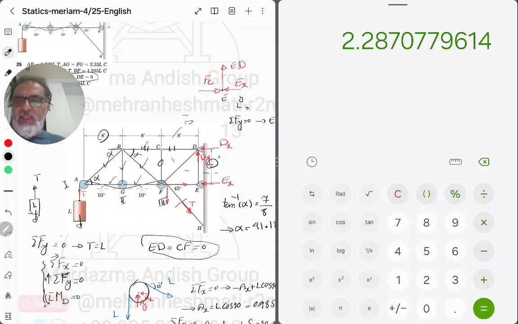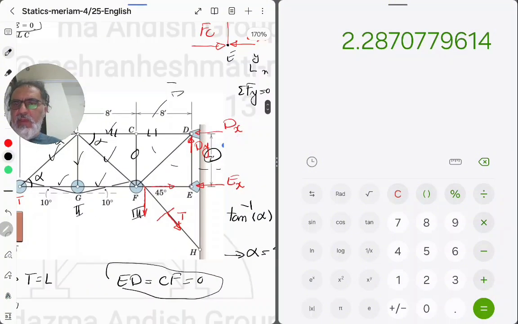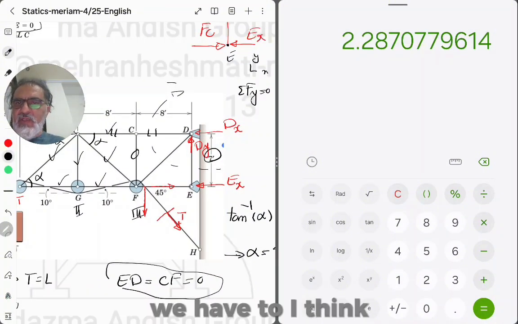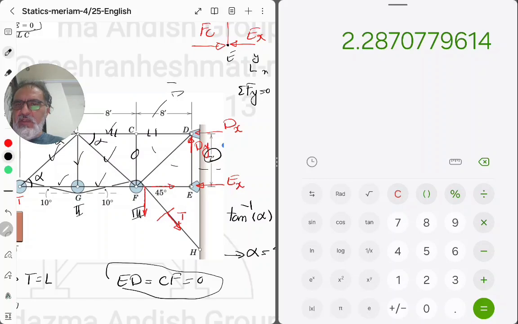Only two members are left. I think we have to open F.